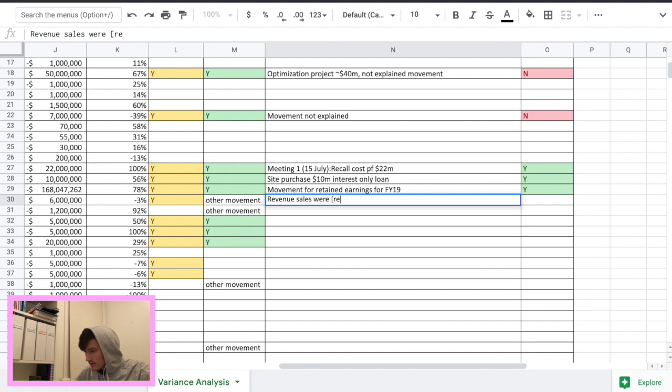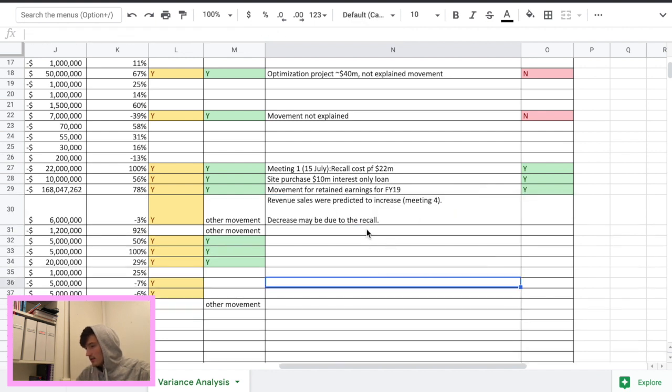Revenue sales increase. So I don't think this quite works because they were predicted to increase, there was a decrease. I'm not sure, maybe due to recall. This one's not entirely explained. So we're gonna give that a no.